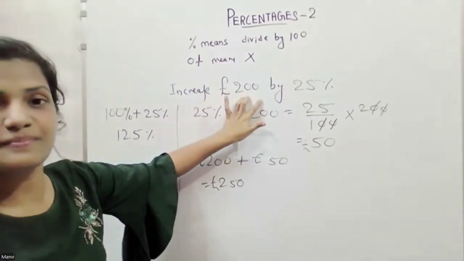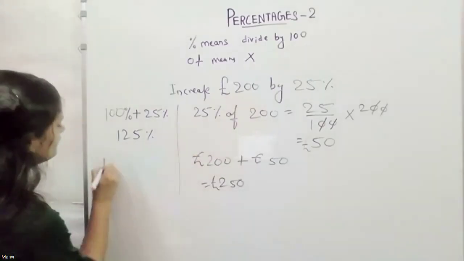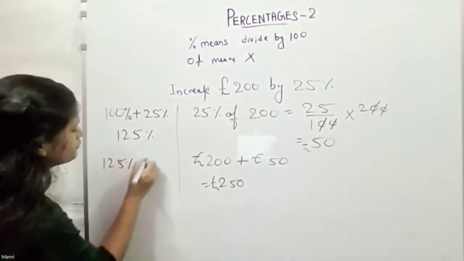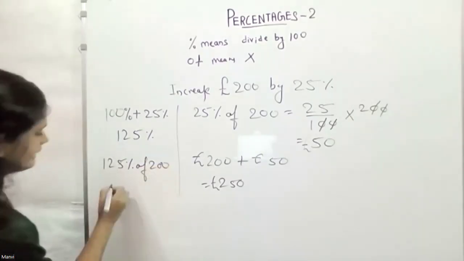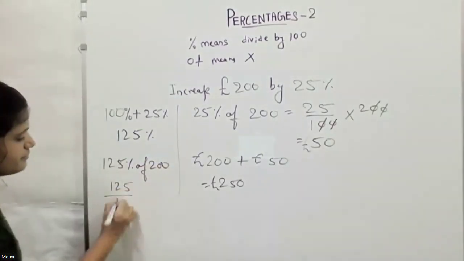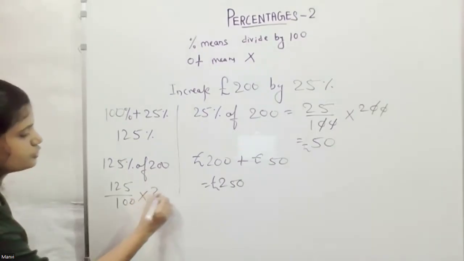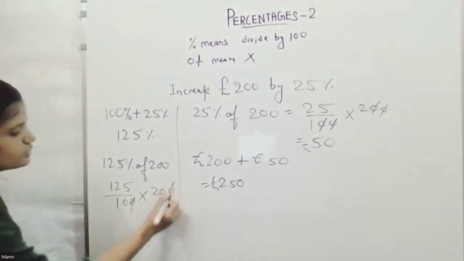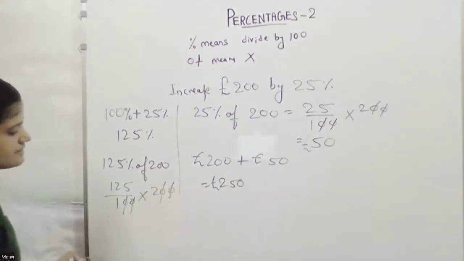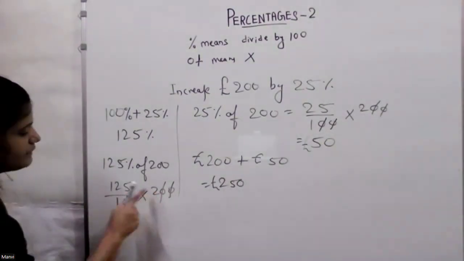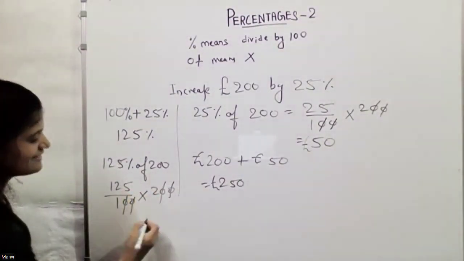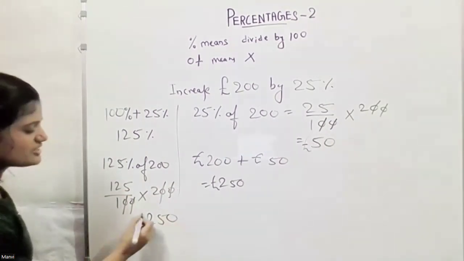So, what will be 125% of 200? It will be 125 by 100 times 200. This 0, that 0, this 0, that 0 cancel. Now times this with 2. 5 times 2, very good. Answer will be 250.